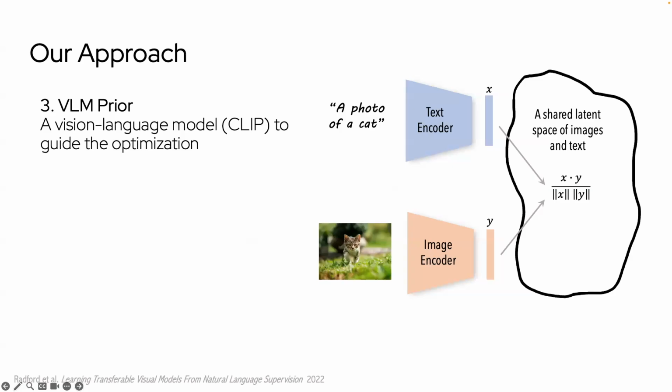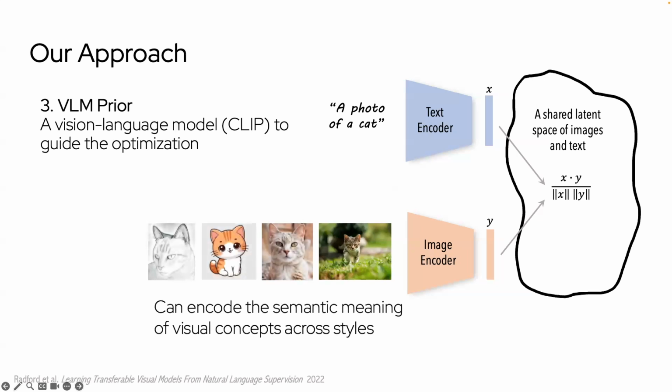Okay. So this is a very interesting vision language objective because we have vision and language together. Today, this might seem trivial, but back at the time, it was pretty new. And with this new objective, the image encoder of CLIP is shown to learn very interesting features. One thing they show in the paper is that this image encoder can encode a semantic meaning of concepts regardless of their appearance.